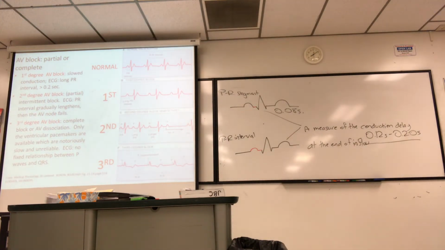So when you measure the PR interval and it's too long, it could indicate a heart block. What I have here is some textbook ECGs. The top one is normal. Then first, second, and third mean first degree, second degree, or third degree heart block.